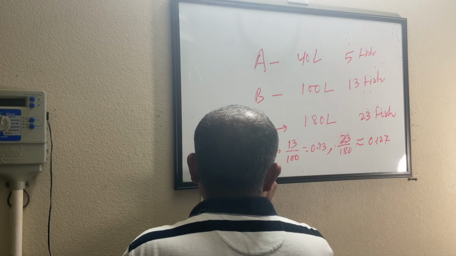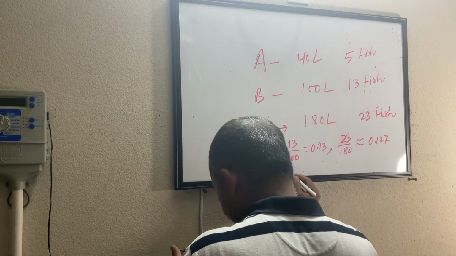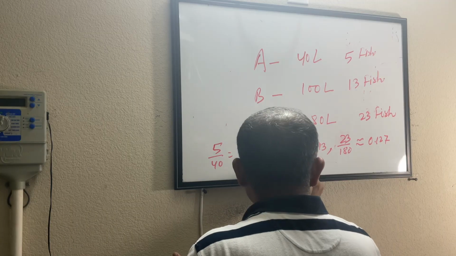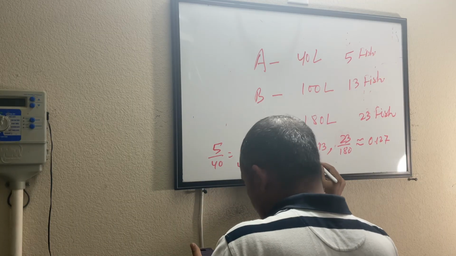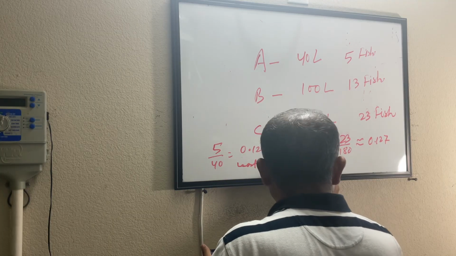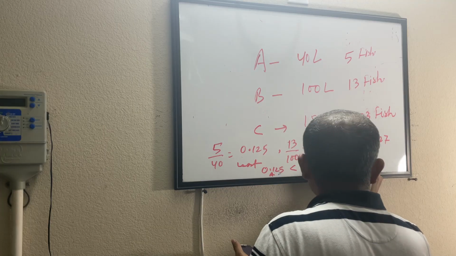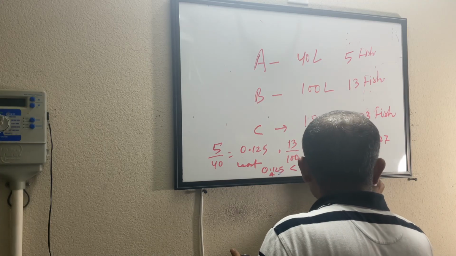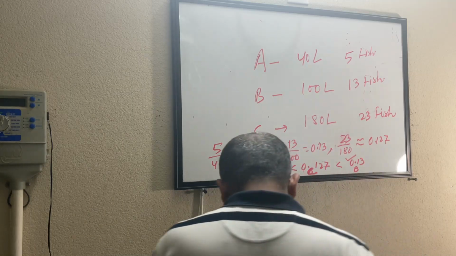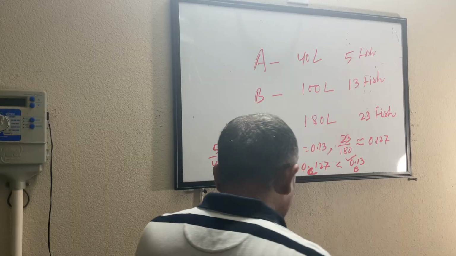Then she says least, 0.125, tank A is less than 0.127, tank C, is less than 0.13, tank B. So this is the least and this is the greatest. That's what she has written. And this is her work, okay?